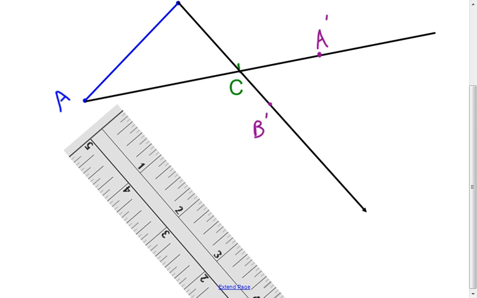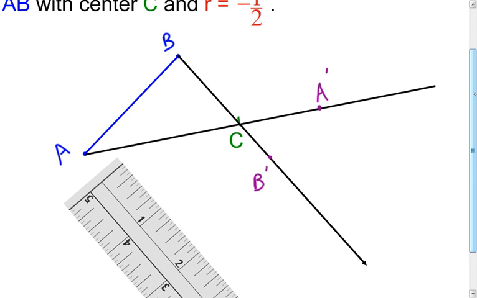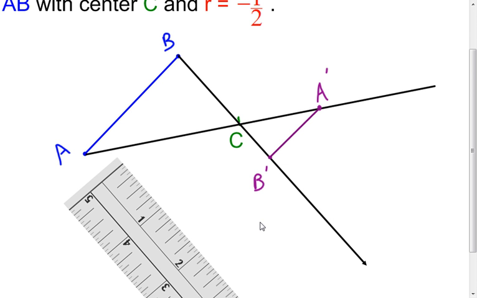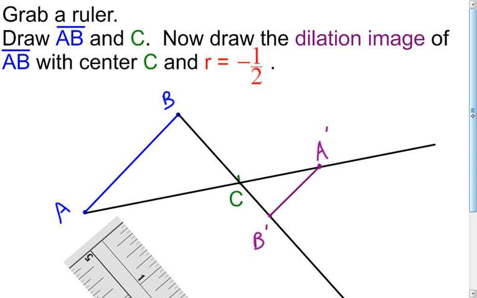So now I can actually make my image here, which is going to be segment A prime, B prime. I'll make it the same color as the rest of the purple stuff. So there we go. What I've done now is dilate segment AB using C as the center, and there will be the image.